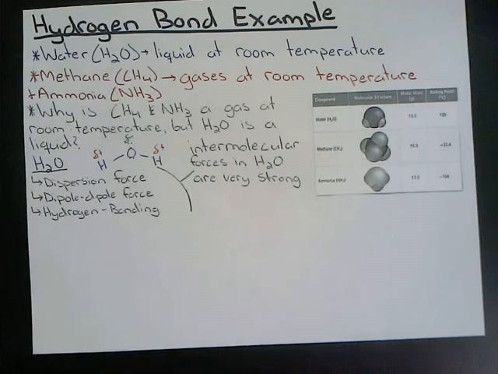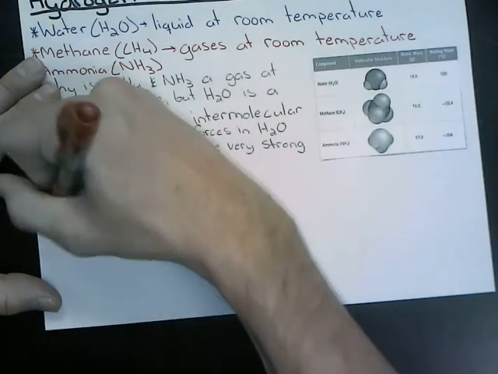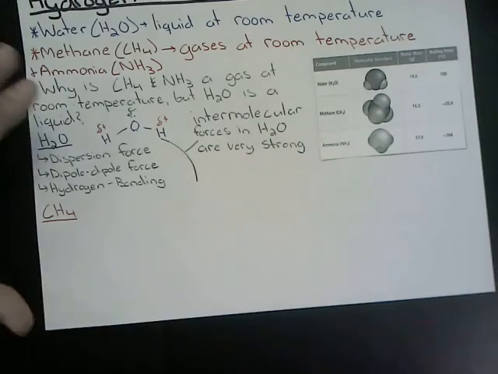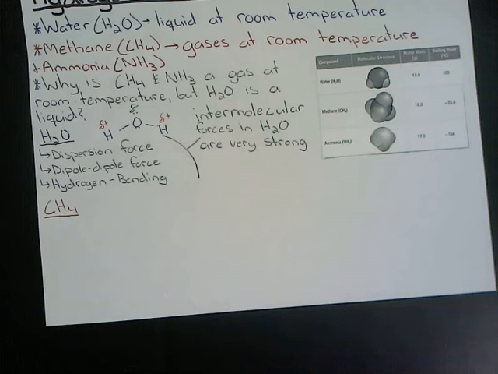But now let's explain why CH4 and NH3 are not liquids. Why are they gases? So let's start out here with CH4. Why is CH4 a gas? And the reason that CH4 is a gas is that it does not contain a bond between a hydrogen atom and one of those elements of fluorine, oxygen, or nitrogen, and it's also nonpolar.